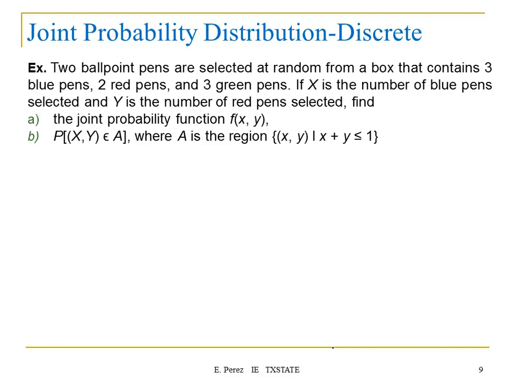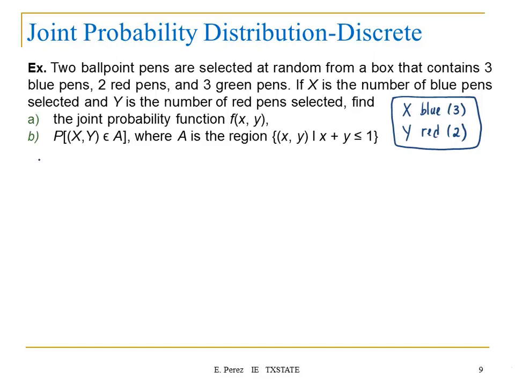So let me write here, we have x, which represents the blue, and we have 3, and y represents red, and we have 2. Okay, and we need to pick 2 from the number of pens that we have.